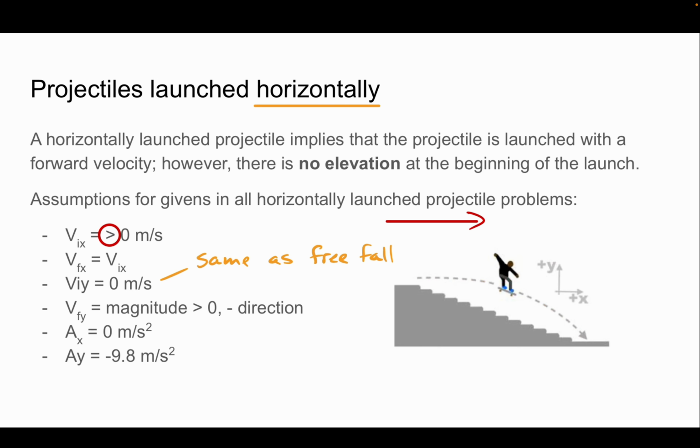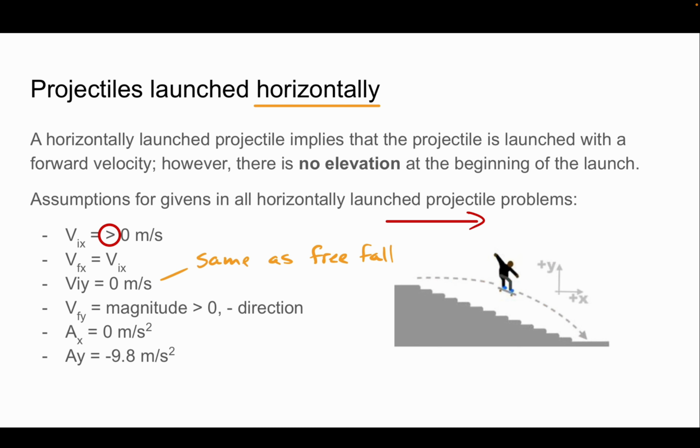And if your VIX is greater than 0, and this is uniform rectilinear motion, you see that these two here are going to be the same, VFX and VIX. Your velocity in the X does not change.